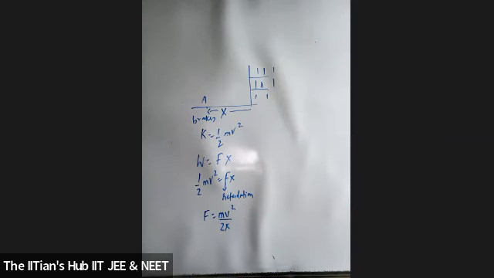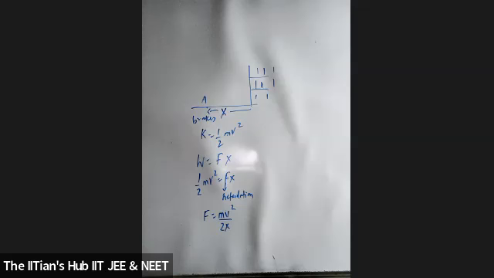Now, sir, I took distance x is equal to mv square upon 2F, but that is also true. But now if it takes a turn, then the force is equal to mv square upon r.